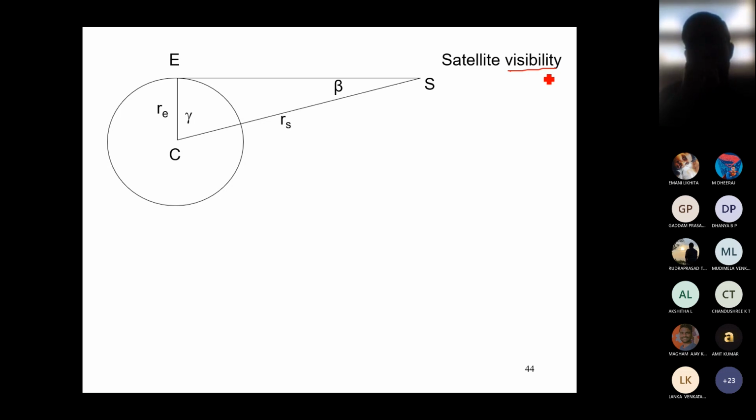So when I say visibility, that does not mean that I can see it. I mean that any base station is able to make a communication link with the satellite, to the ground station. That is the meaning of visibility.